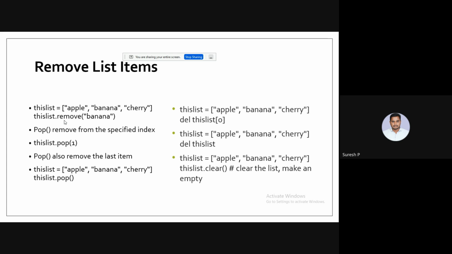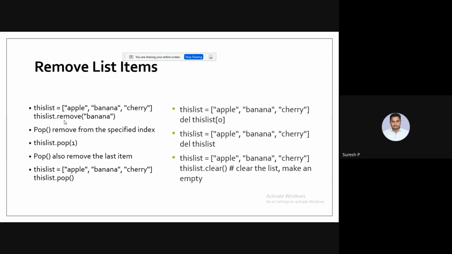Okay, so that is called delete. And we have one more function called clear. If you use the clear function, it will delete all the elements. It will have only the skeleton, that is, an empty list after clearing all the elements.